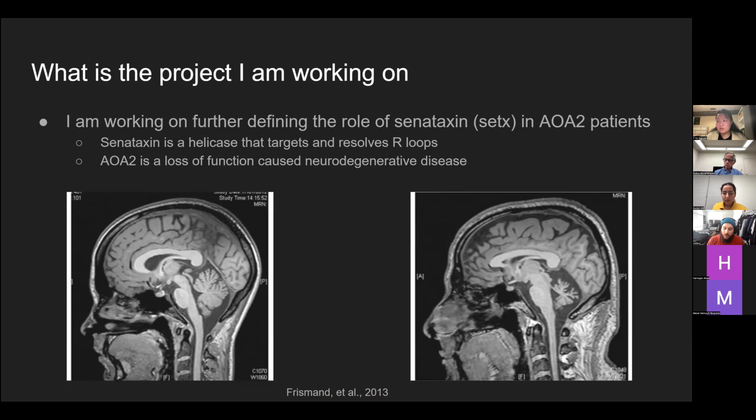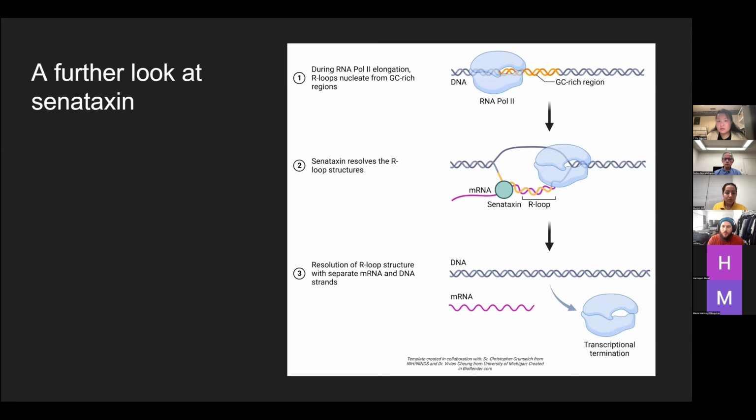So I said it's a helicase and it resolves R loops, but what does that mean? Well, during transcription, RNA polymerase II comes in and unwinds the DNA, and you have the nascent mRNA that's being formed. Sometimes when it's being formed, it sticks to its strand and it can't come undone.